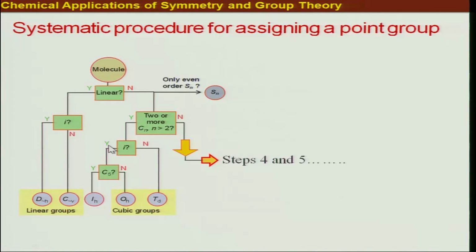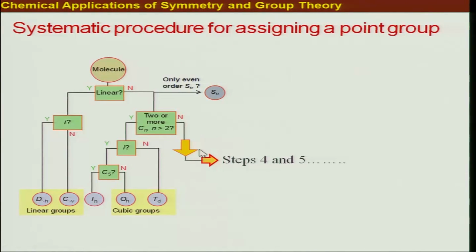If the answer is yes, then you ask certain questions like, does it have a C5? If the answer is yes, then you have an icosahedral point group, that is Ih. If the answer is no, then you have the octahedral point group, or Oh point group. And if the answer to the question of the existence of inversion is no, then you have a tetrahedral point group, or Td point group.